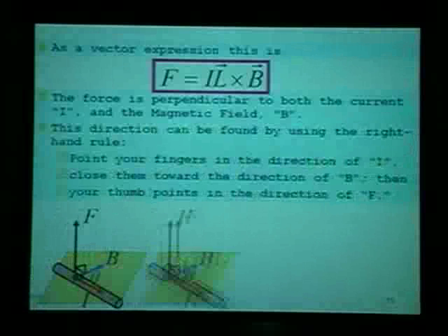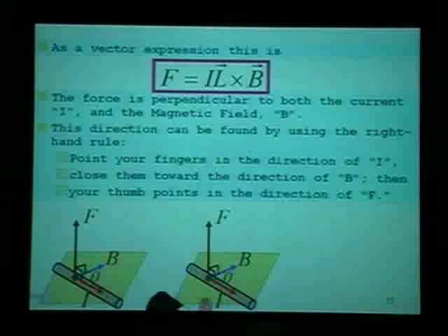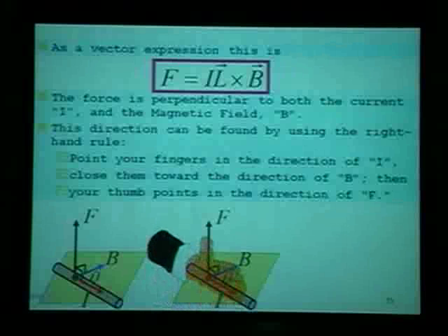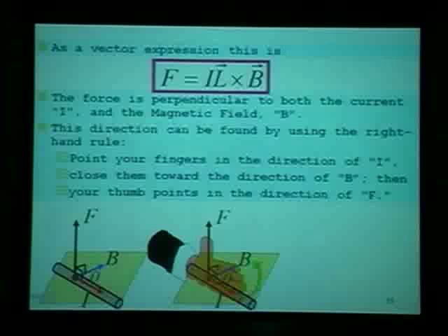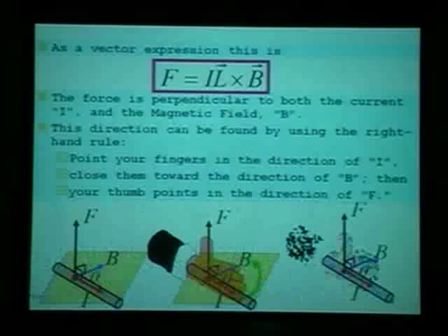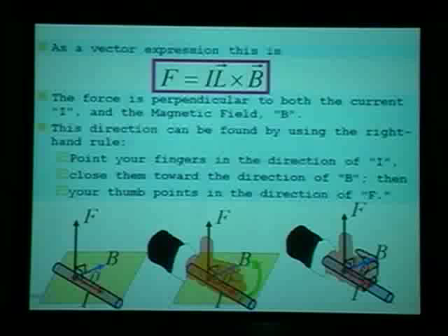You would point your right hand in the direction of I, close it in on B, and that would give you the direction of the force. And this one, you wouldn't have to worry about positive or negative, because if you have a current direction, that's the direction you're going with. So you just go in the direction of the current, you got your force on the segment of the wire. ILB sine theta.